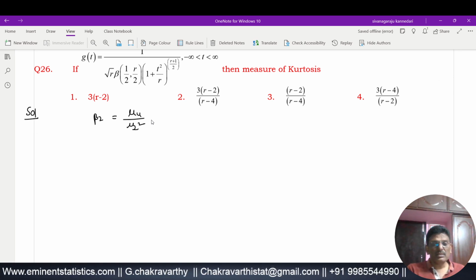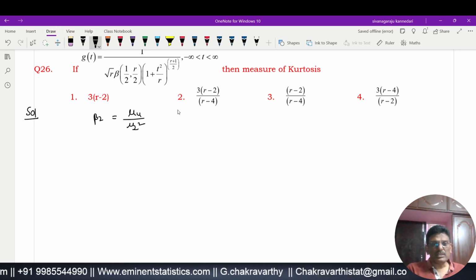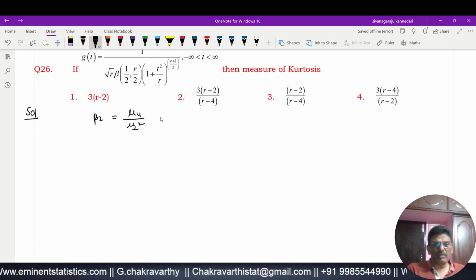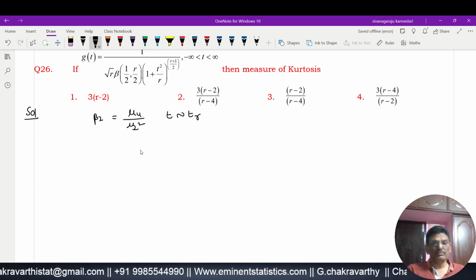In this case, a keen observation of this PDF shows this t random variable follows a t distribution with r degrees of freedom.